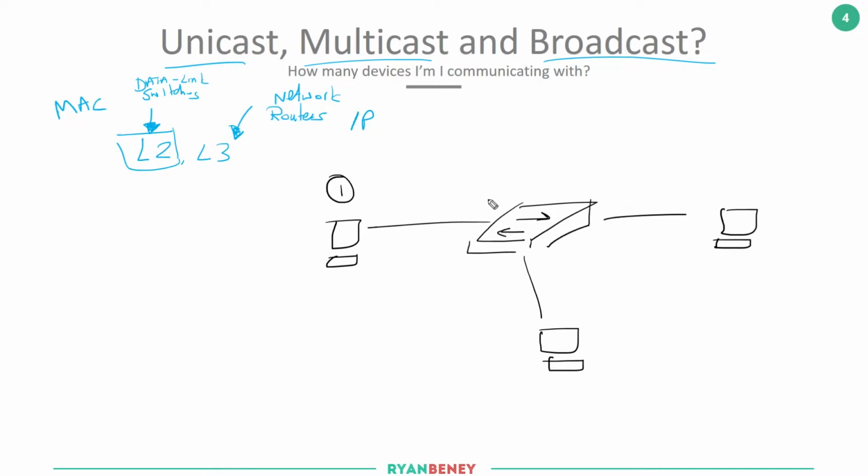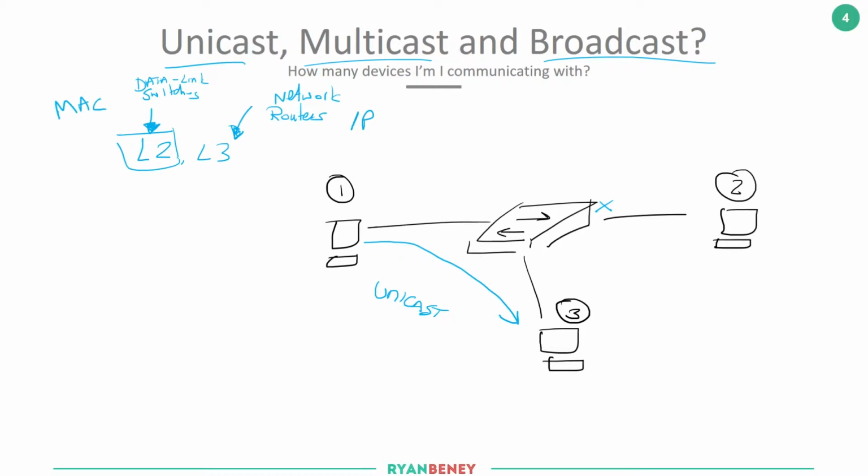PC1 wants to speak to PC3, and PC1 is able to communicate with that PC directly without involving PC2. This is considered Unicast because it's a one-to-one communication.